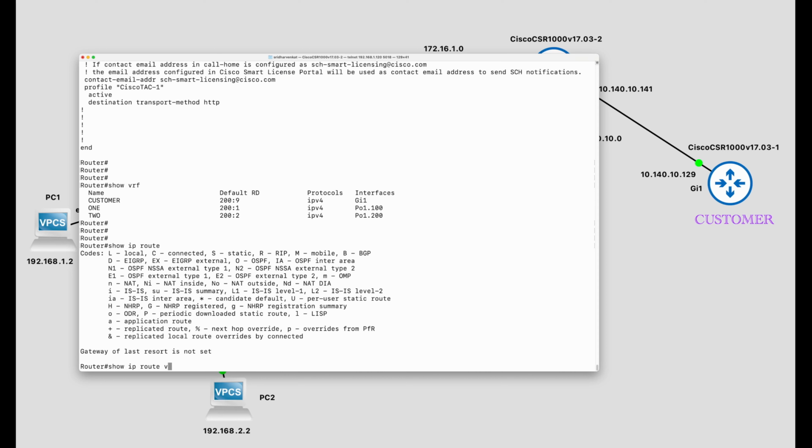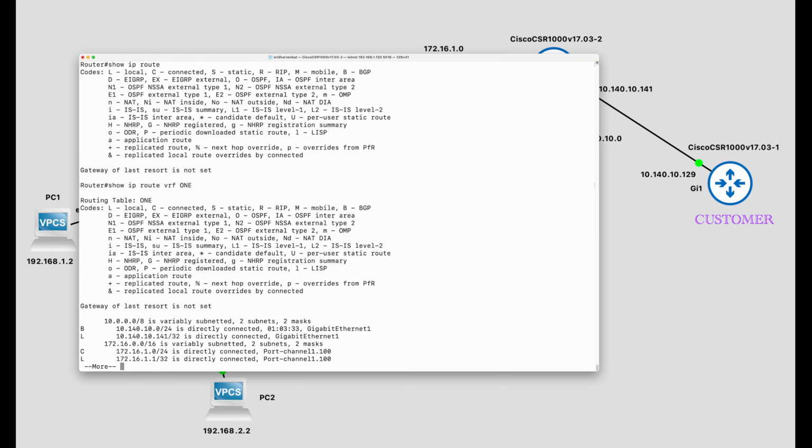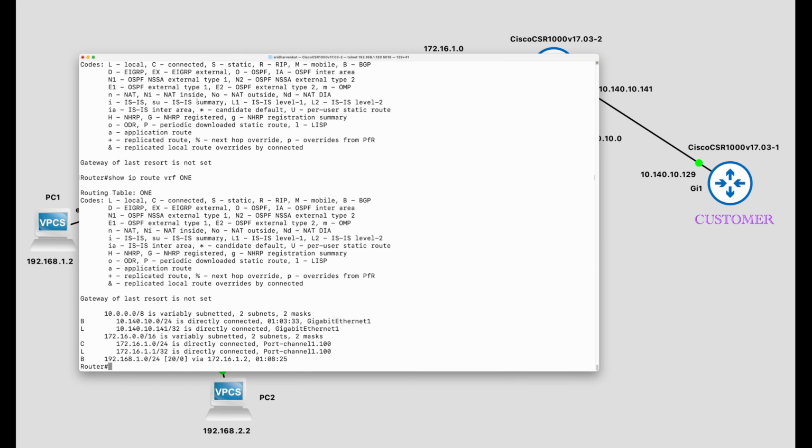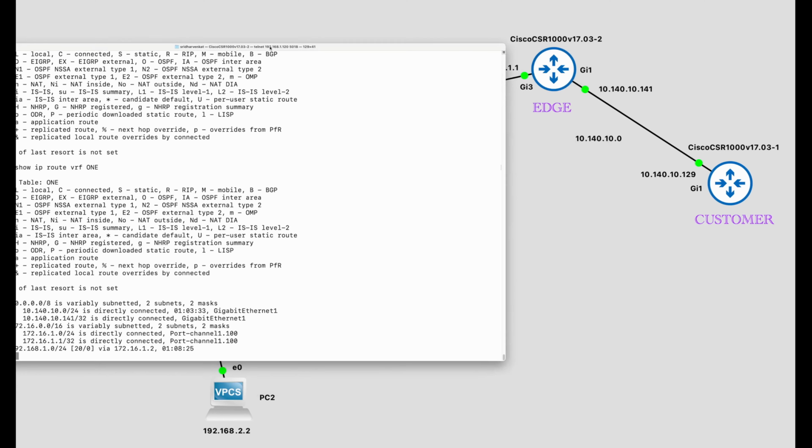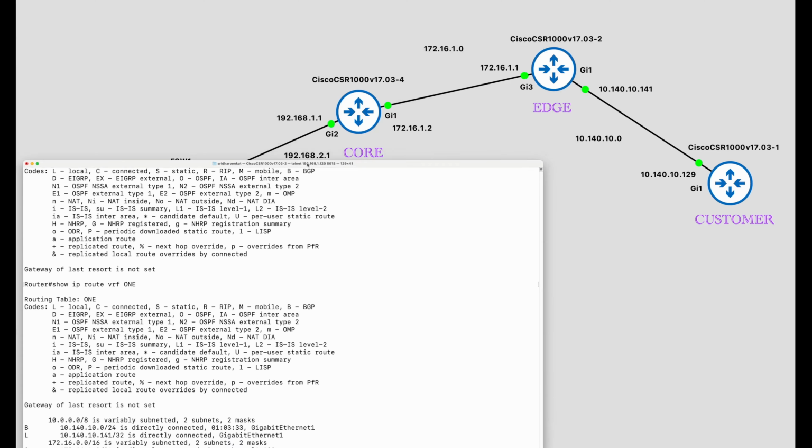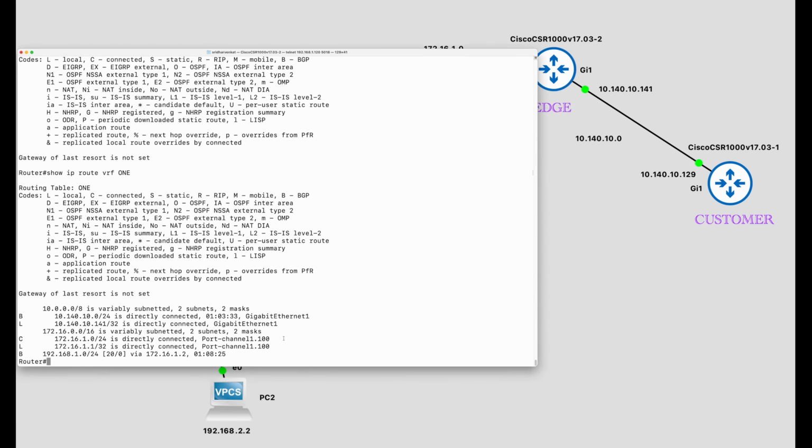Show IP route VRF1, and here also the 10.140.10.0 got imported BGP wise all the way from the customer network, and the 192.168.1.0 network got BGP'd into this router, into this edge router via the core router.